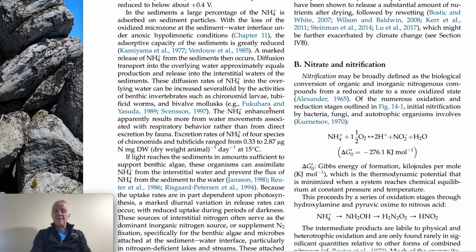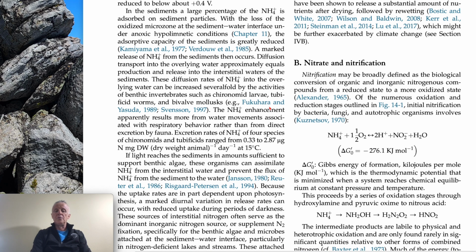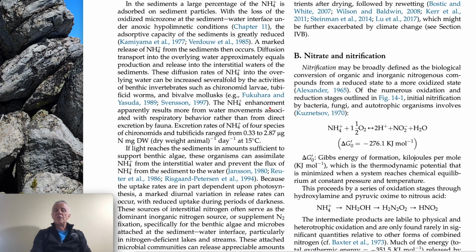These diffusion rates of ammonium into the overlying water can be increased several-fold by the activities of benthic invertebrates such as chironomid larvae, tubificid worms, and bivalve mollusks.